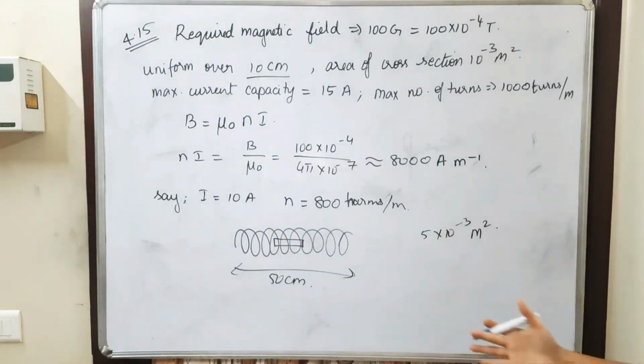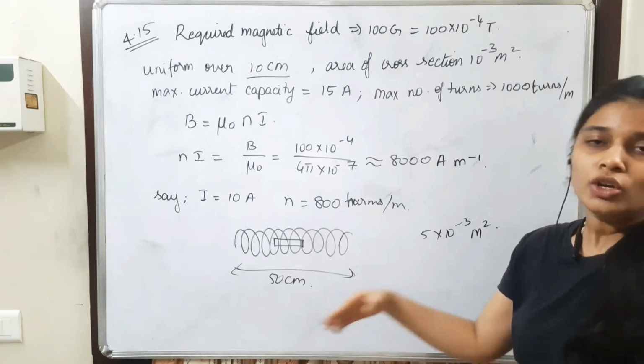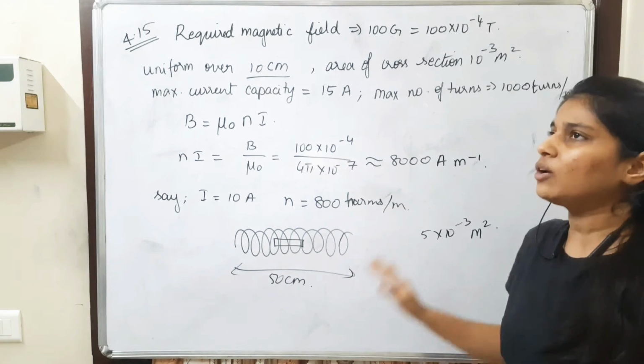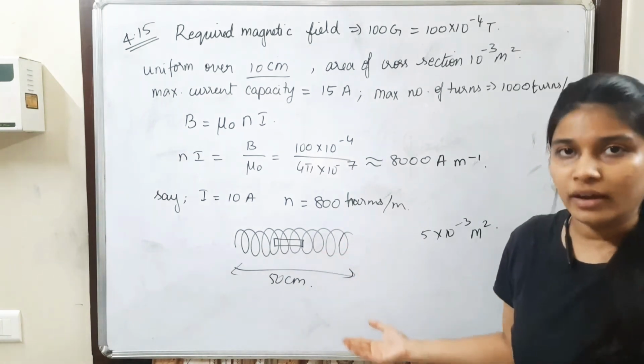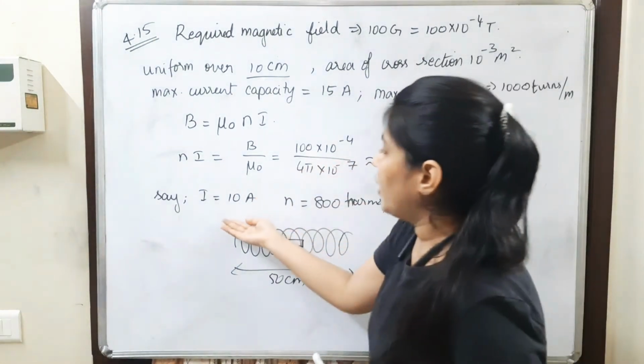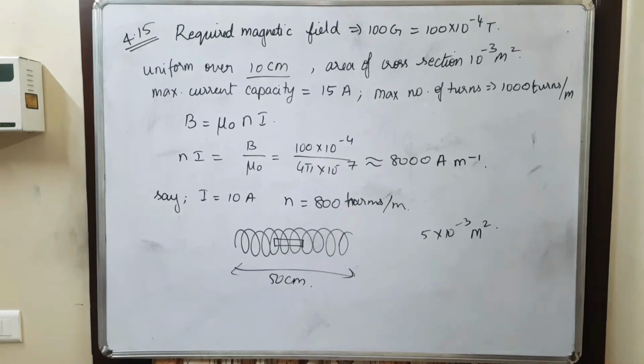You can take 40 centimeter also, 100 centimeter also, anything. Even 100 is well and good, but minimum 50 we can have. The current passing through this is 10 ampere and the number of turns per meter is 800 as the answer. So this type of solenoid we are going to use to satisfy the required question.